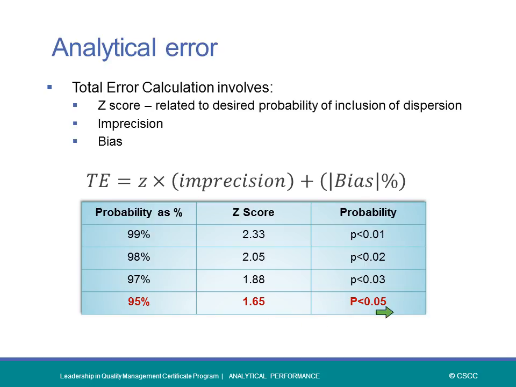And this calculation of total error, usually expressed as a percentage point, involves multiplying the imprecision, or the coefficient of variability, by the Z, and adding this to the bias, or the absolute bias, expressed as a percentage point. And like I said, the bias is usually determined as a relative bias relative to the method's performance to some reference method or group mean.